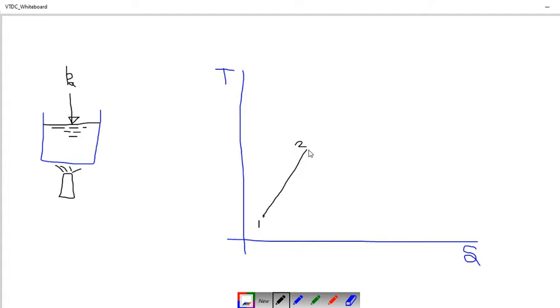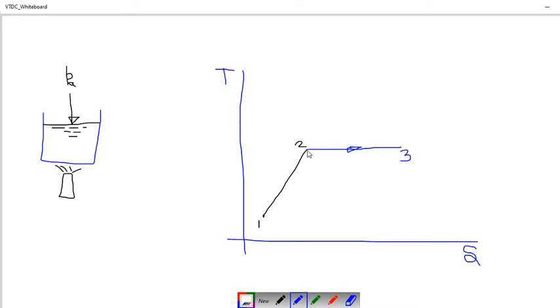Further, if we try to heat this water beyond point number 2, as water has reached maximum temperature, there will be a start of evaporation. There will be formation of steam beyond point 2, and assume it ends at point number 3. During process 2 to 3, 100% water in liquid form gets converted into 100% vapor.